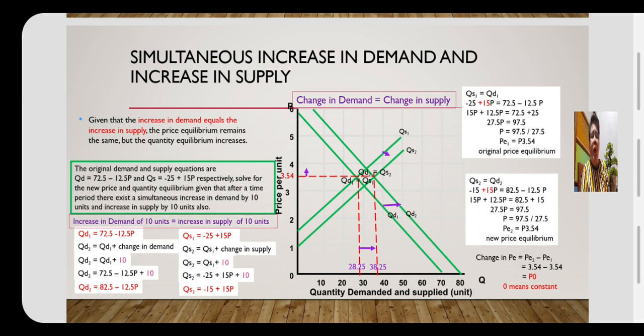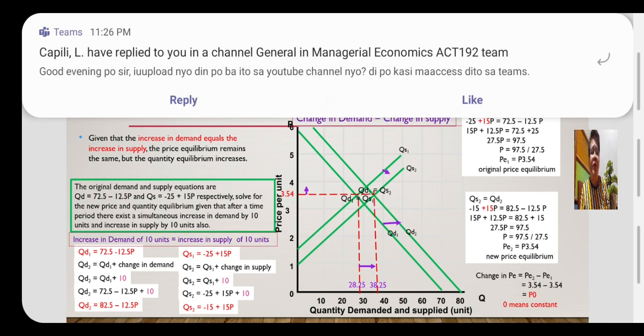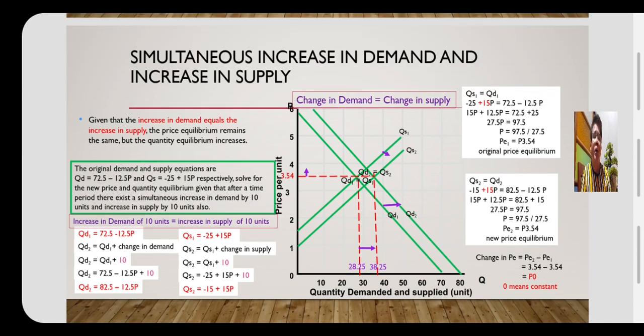The new supply equation is also computed in the same way. We just have to add the change in supply to its original supply equation.